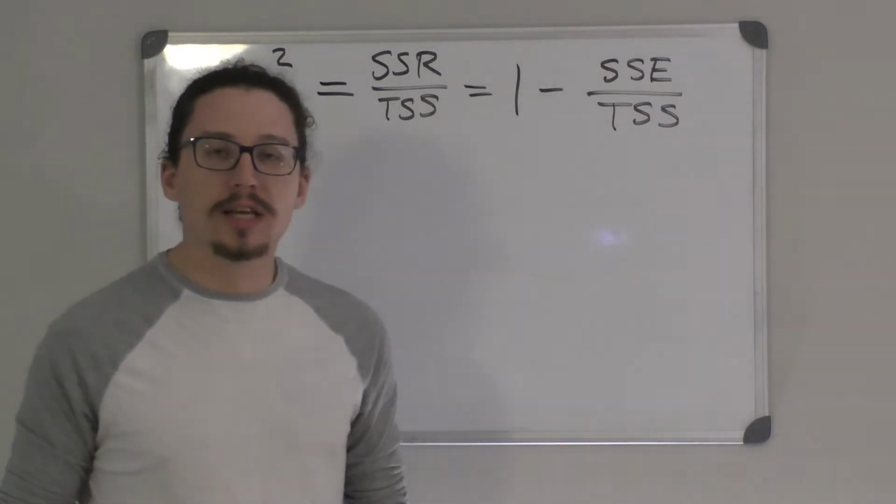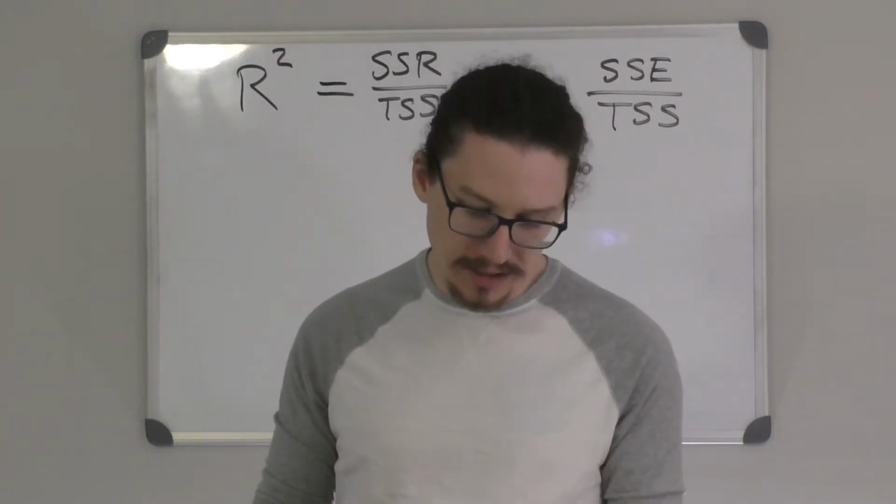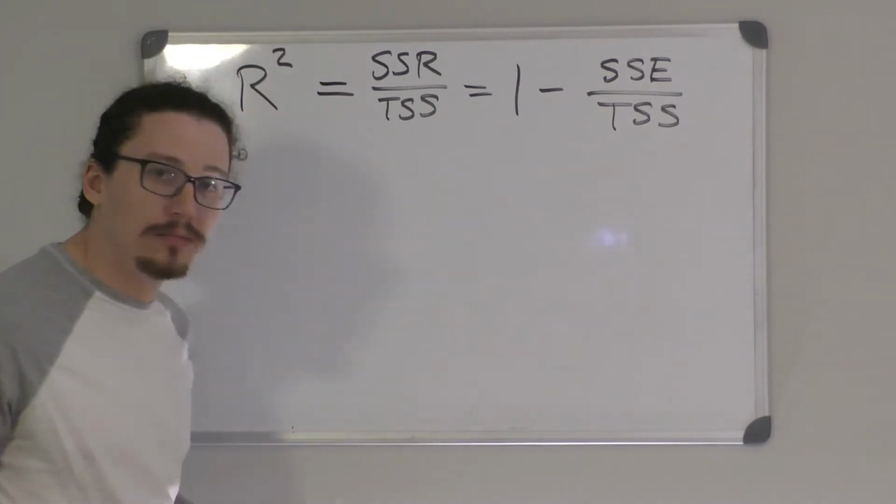All right, let's take a look at this in action. For our hats and age example, I went ahead and got our sum of squares.